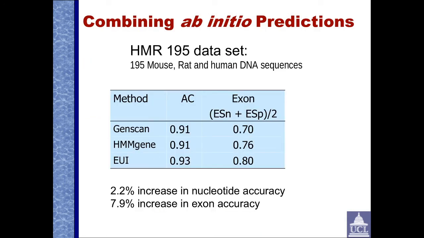This sort of approach has been used quite successfully to improve the performance metrics. Here Genscan had an approximate correlation of 0.91, as did HMM-Gene, but combining them using this EUI method gave a value of 0.93. And similarly at the exon level, we got values of 0.7 for Genscan, 0.76 for HMM-Gene, and combining them with EUI we get 0.8.